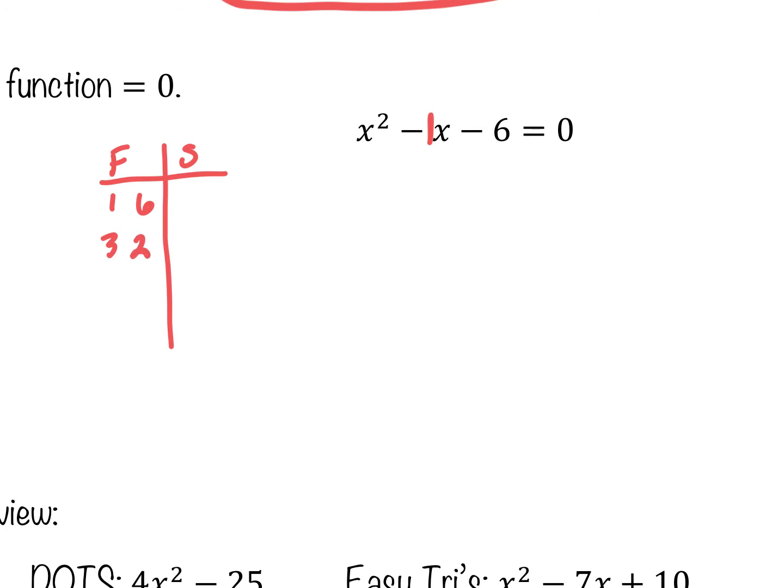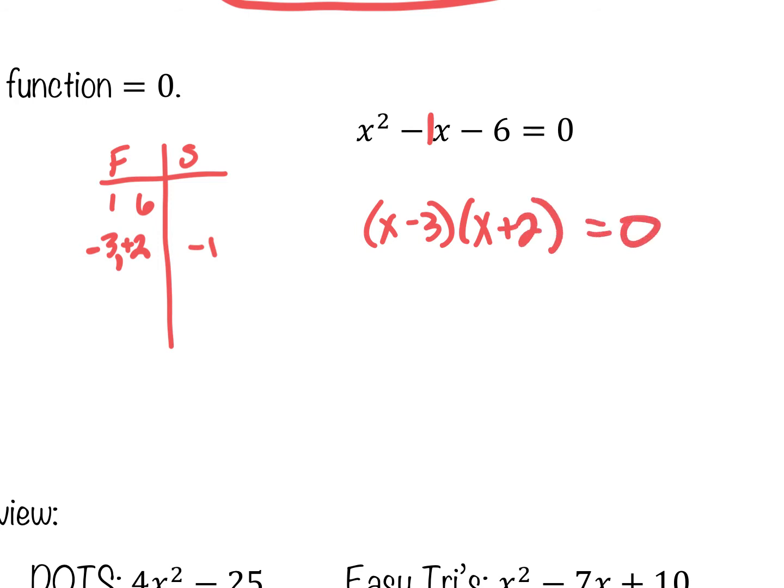Since it has to multiply to negative 6, one of those numbers has to be negative. Well, in order to add to a negative 1, it would have to be negative 3 and positive 2, which would add to negative 1. So my factored form here would be x minus 3 times x plus 2 is equal to 0.